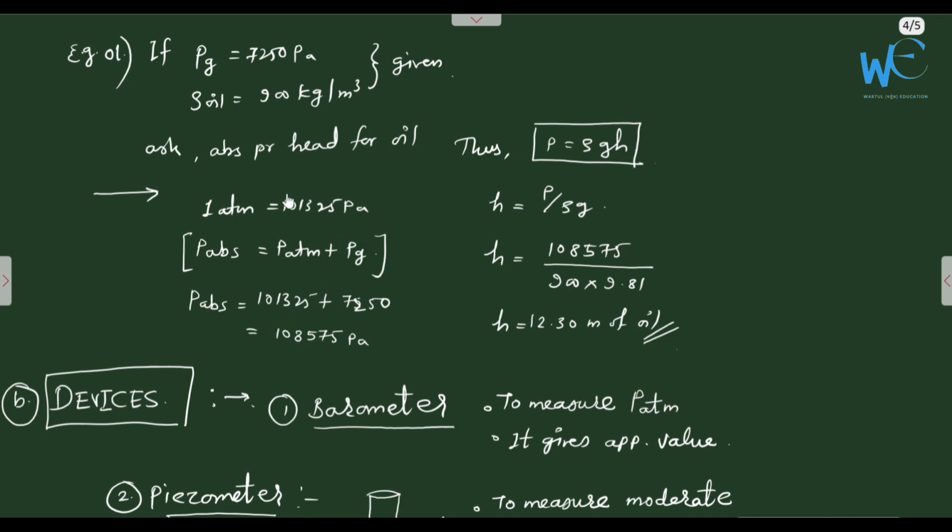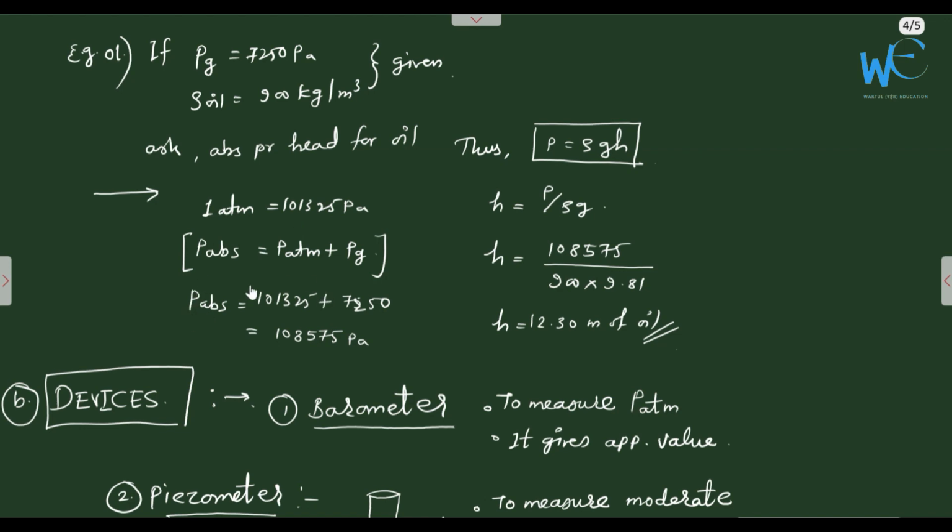So to get absolute pressure head, you have to know one pressure, which is absolute pressure. 1 atmosphere you already know, 101,325 Pascal. And the formula P absolute equals P atmosphere plus P gauge, I already mentioned in those three lines. Just recall it, or go back and then come here again.